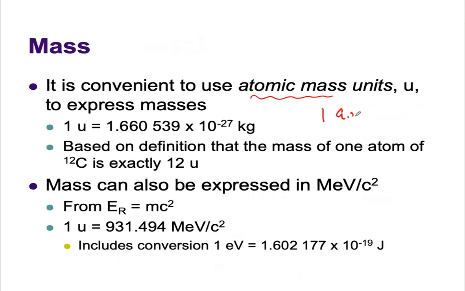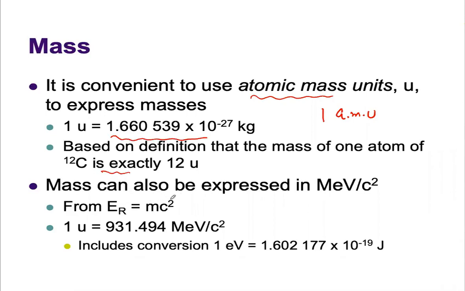One atomic mass unit is equal to 1/12 of the mass of a carbon atom. So we compare with respect to carbon, and I will not derive the expression, but the value of 1 atomic mass unit comes out to be equal to 1.66 into 10 raised to power minus 27 kg.